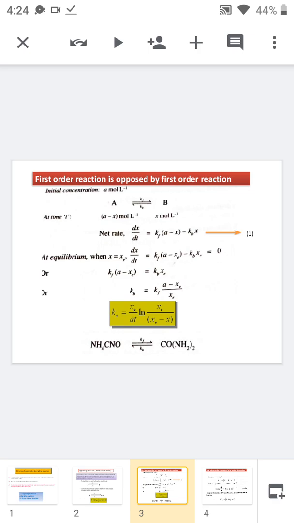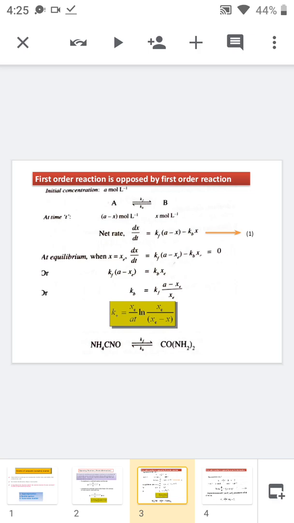Since at equilibrium the rate of change of concentration, dx/dt, is equal to 0, because both reactions occur simultaneously and there is no visible change in concentration, dx/dt is equal to 0. So our equation becomes 0.